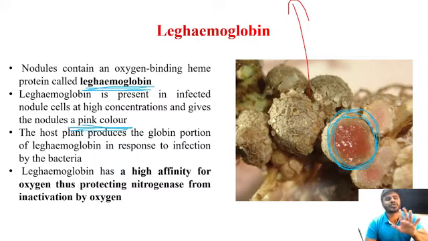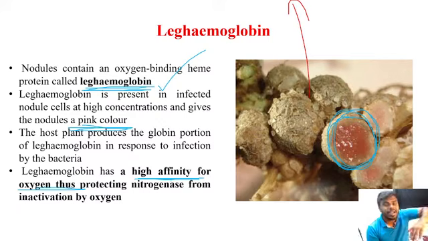Now you can ask me one straightforward question. Sir, what is the ultimate function of the leghemoglobin? My friends, the ultimate function of leghemoglobin is that it has the highest affinity for oxygen. That is our goal. If leghemoglobin associates with the oxygen, then the oxygen level becomes what? Low. When the oxygen level becomes low, what gets activated?